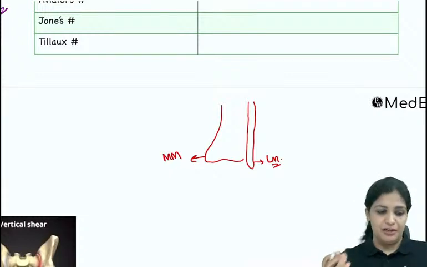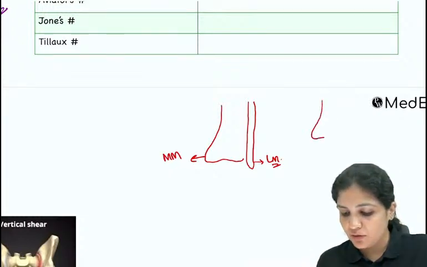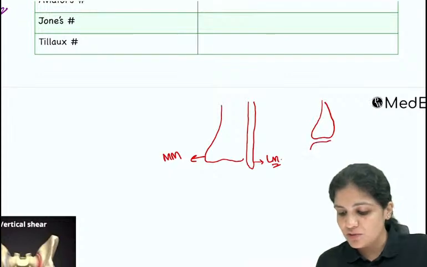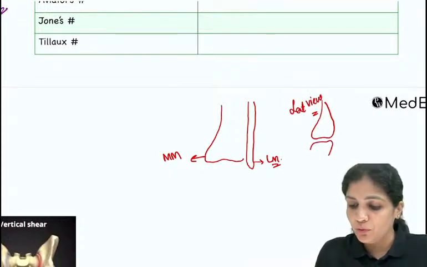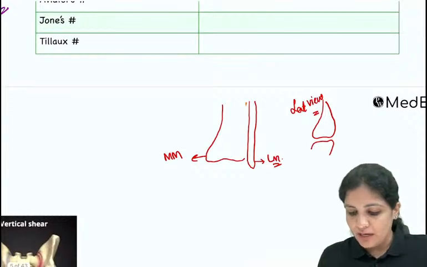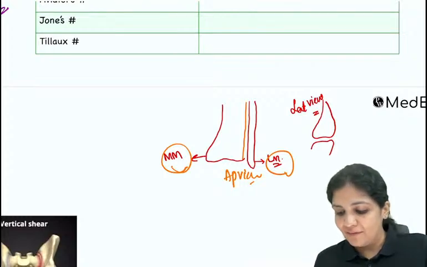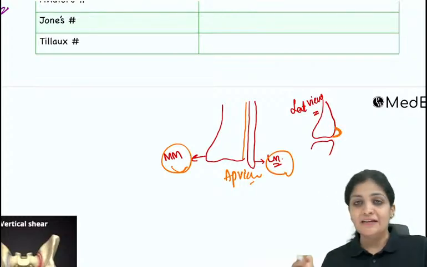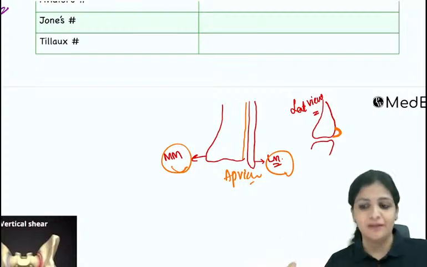Now where is this posterior malleolus? The posterior malleolus is on the posterior aspect of the tibia, and you can see this only on the lateral view. So you have to take two views in case of the ankle. This is your AP view, where you see the medial malleolus and lateral malleolus. And this is your lateral view, where you can see the posterior malleolus on the posterior aspect.